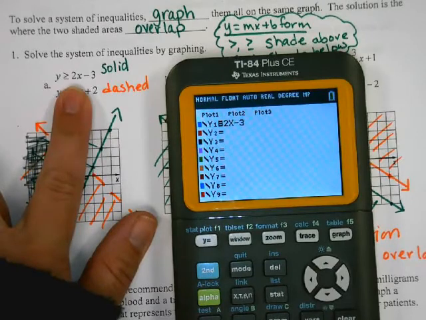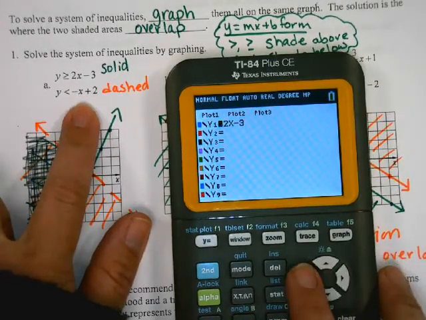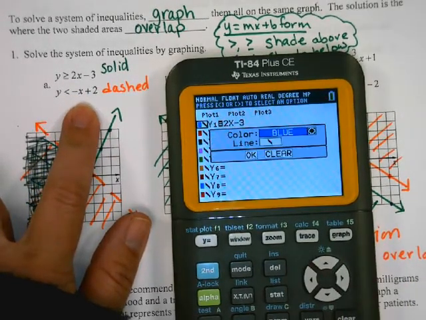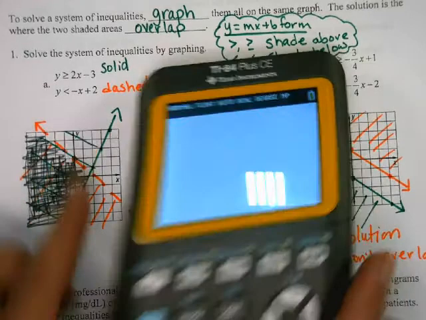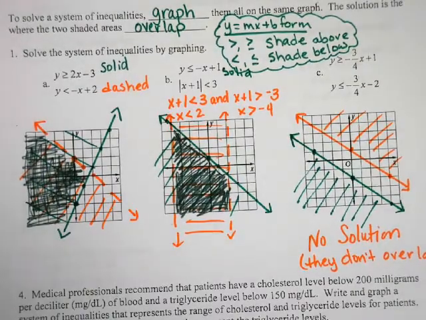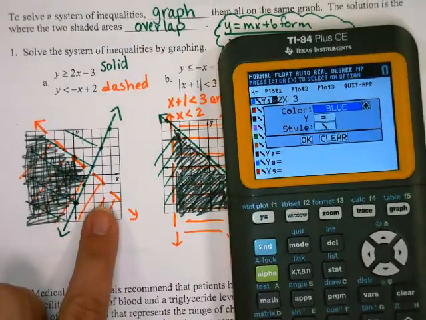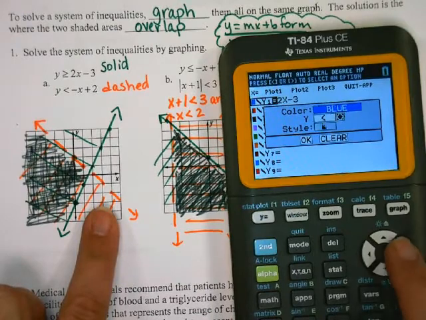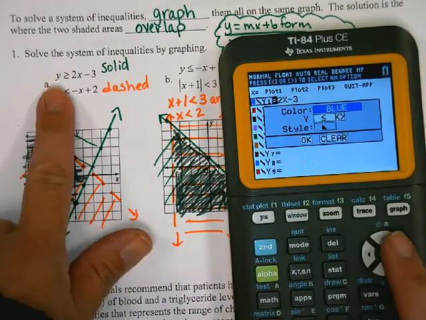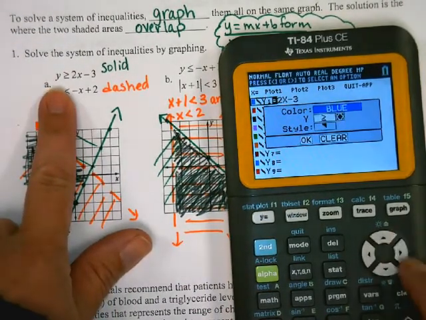Minus 3. Now, remember I have to change that guy to an inequality. So I want a greater than or equal to.